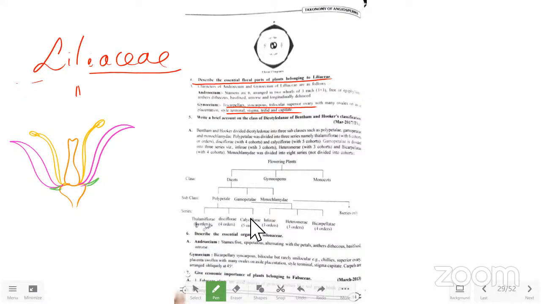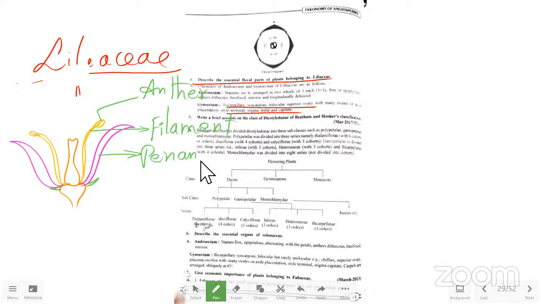So here we have to give the labeling. This is the filament, anther, perianth-lobes, ovary, stigma.